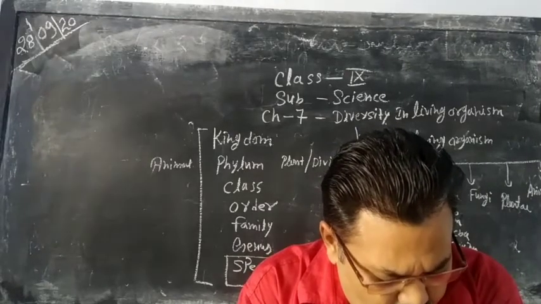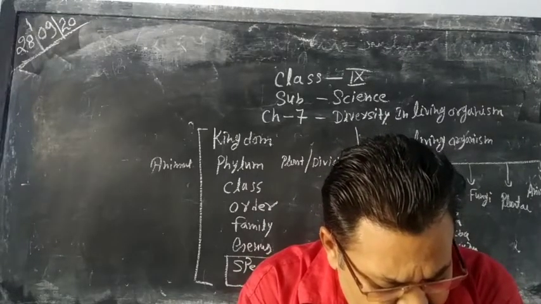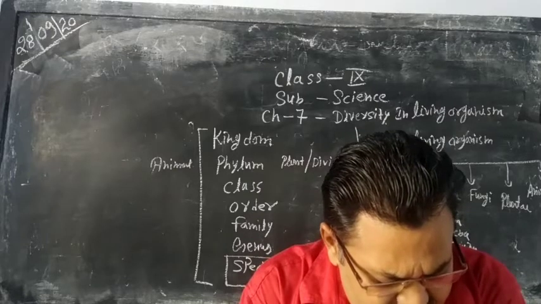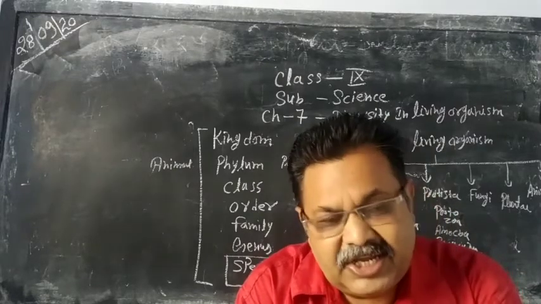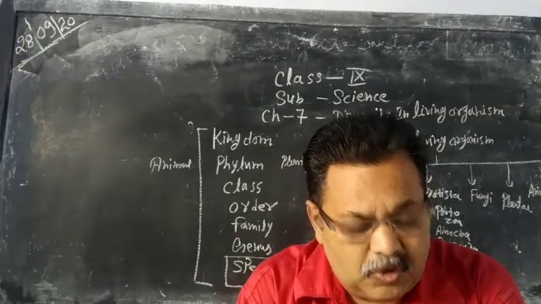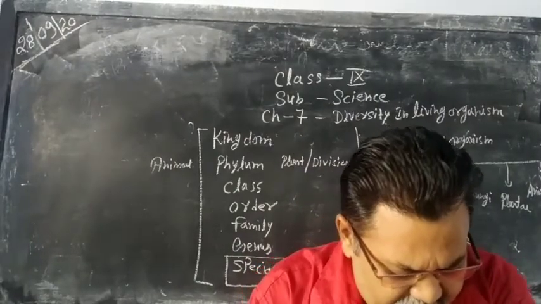They are heterotrophic, and some organisms take their food from decayed organic matter. So these are also called saprophytes.